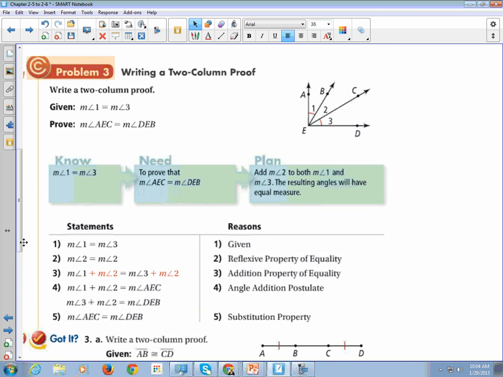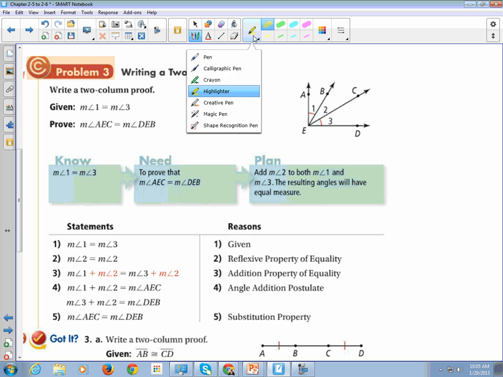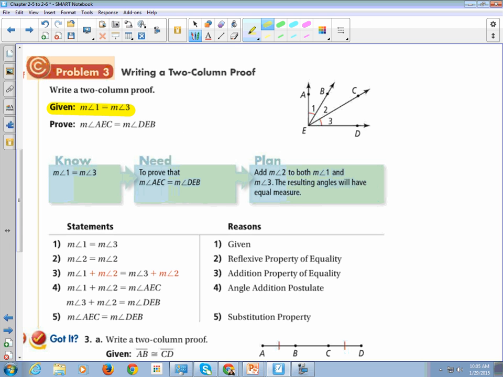Okay, so we're going to use this little angle diagram to write a 2-column proof. If we're given that the measure of angle 1 is equal to the measure of angle 3, I should have that as my first statement, and the reasoning I have for using that is that, oh yeah, it was given to me.